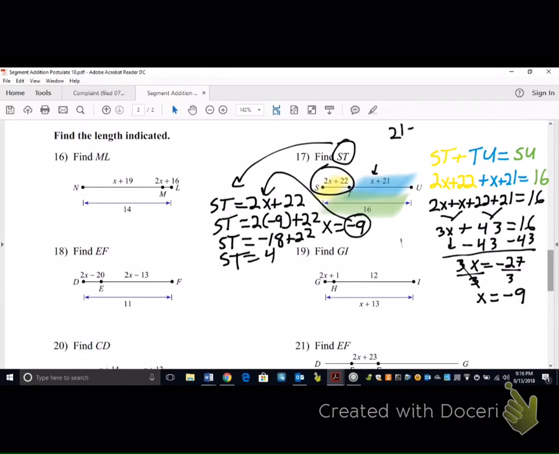I can check that by going 21 minus 9 equals 12. So that's 4, that's 12. I get 4 plus 12 equals 16, so that checks out.